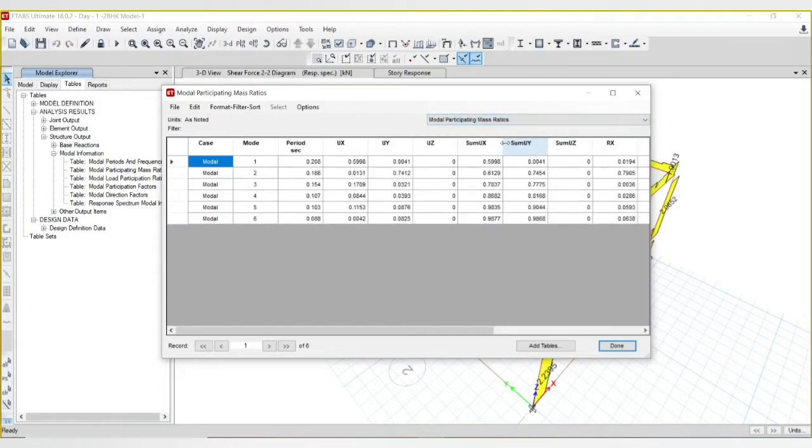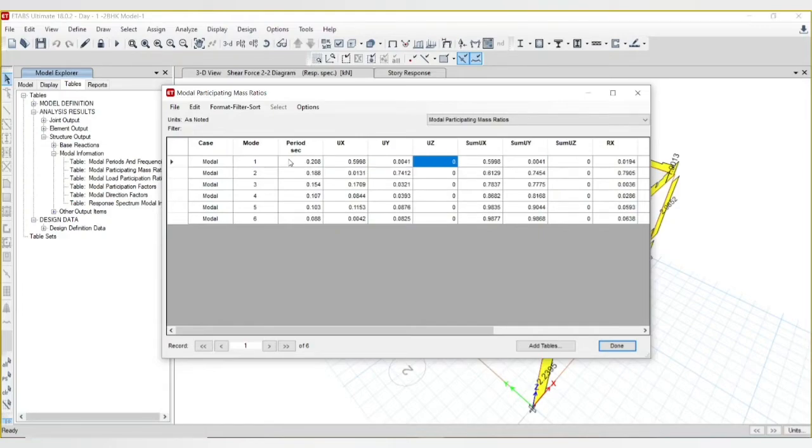And mass ratio, you can see that at 0.2 period of natural frequency, your structure is going to get deflected in x direction by 0.6 mm and in y direction by 0.0041 mm.